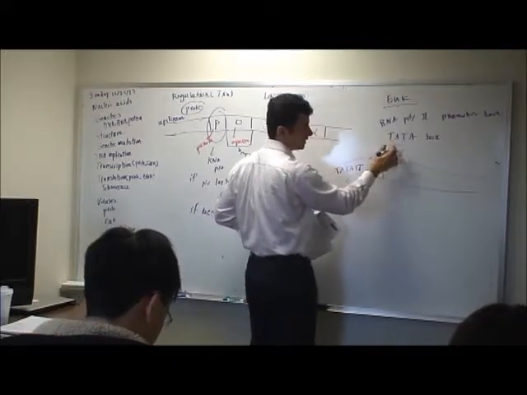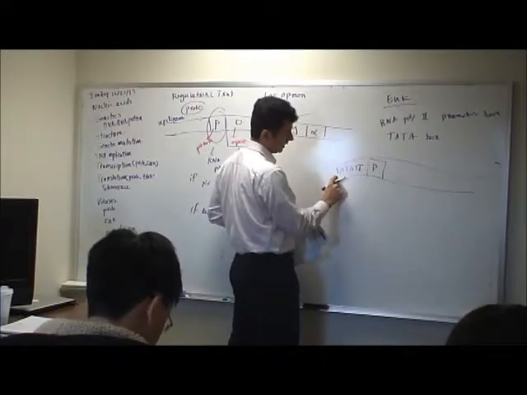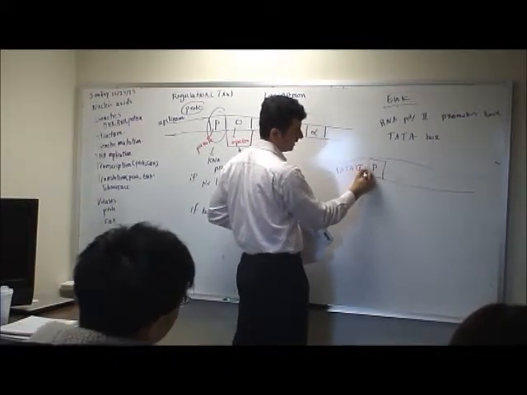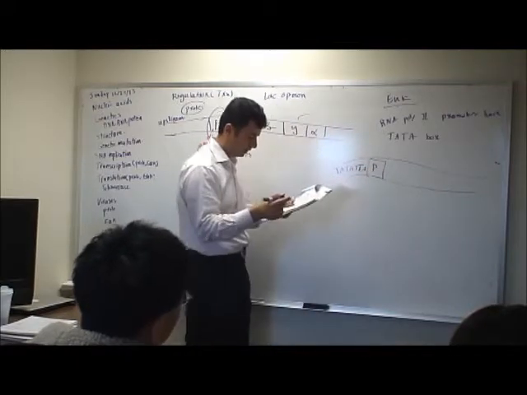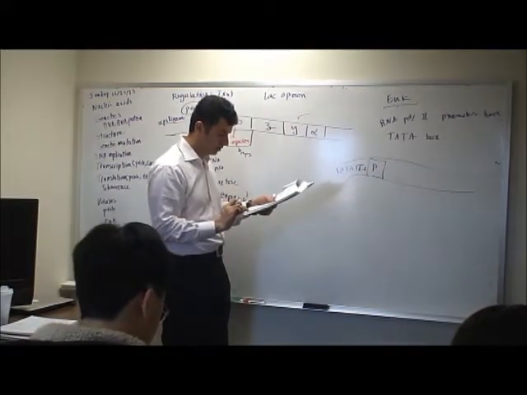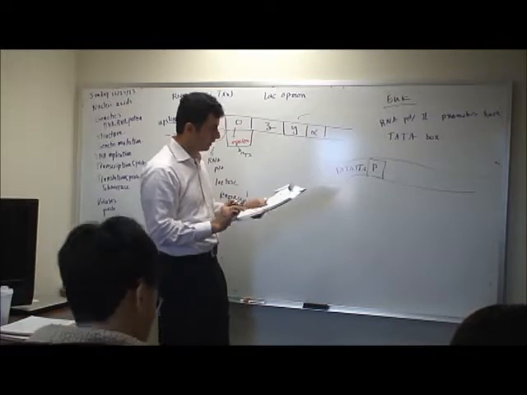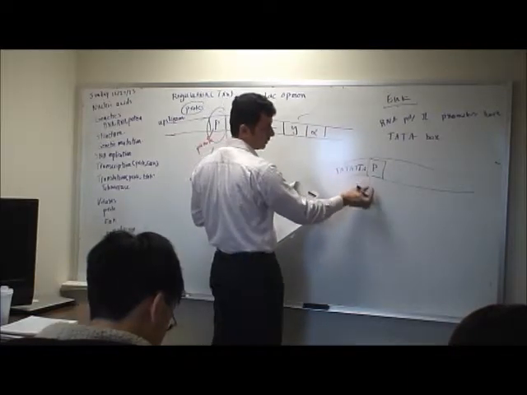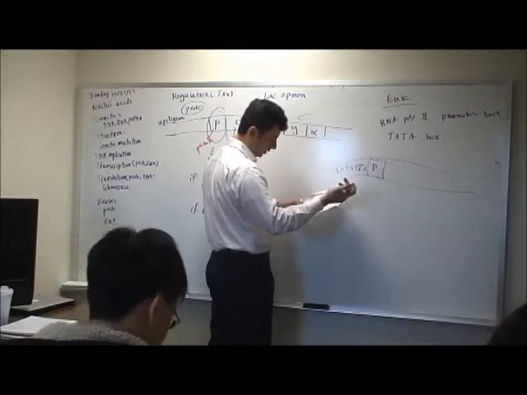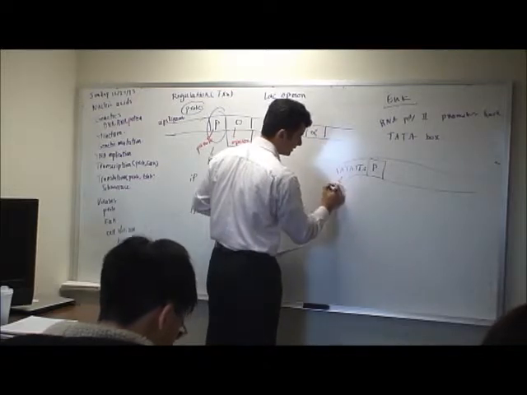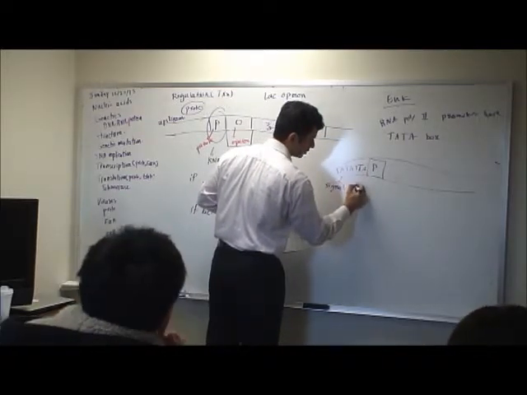It doesn't have to be TATA. It could be TATTTA, a combination of thymine and adenine. So they have this TATA box about 25 or 30 base pairs upstream that kind of signals transcription.